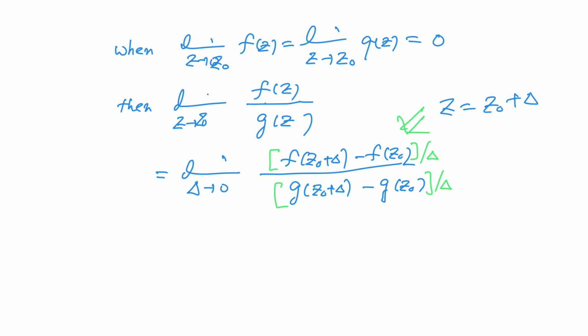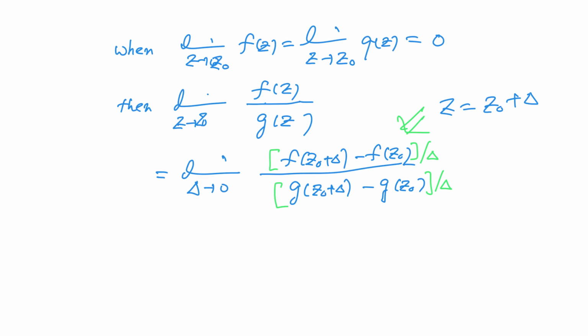But we can do this thing. We divide the numerator by delta, and also divide the denominator by delta. It's still the same, right? Because we multiply by 1 over delta and divide by 1 over delta. It's basically just multiplying by 1. So we haven't done anything.